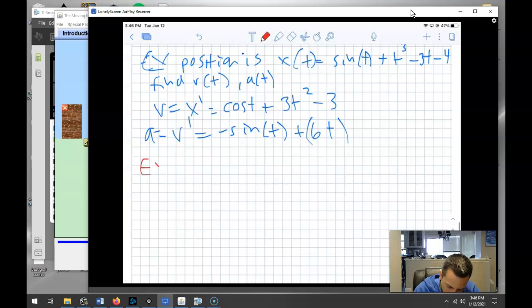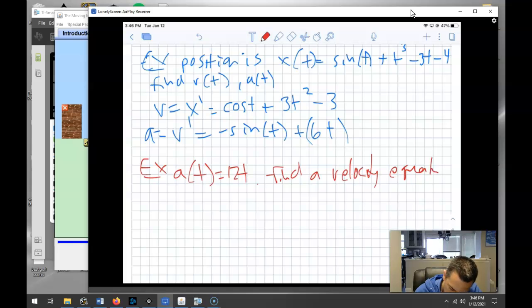So in this next example, let's suppose I tell you the acceleration is equal to 12t, and I'm going to say find a velocity equation given that v of 0 is equal to 3.